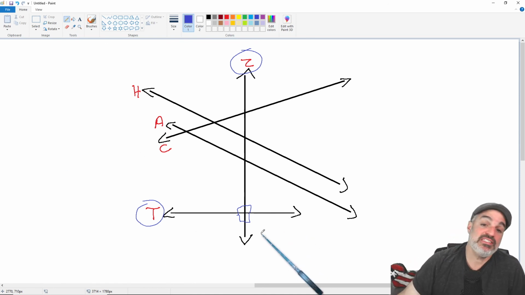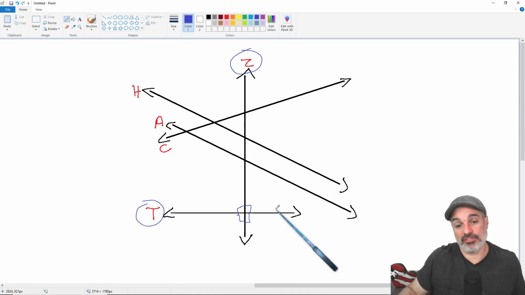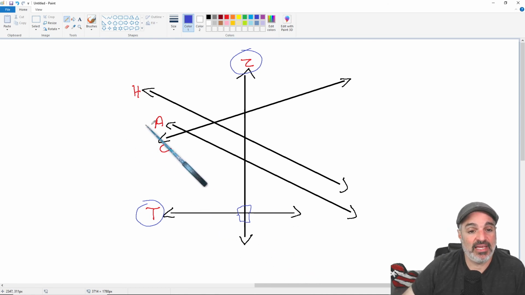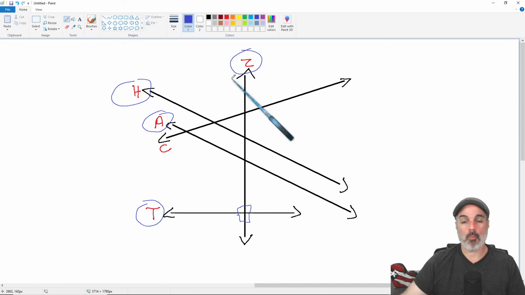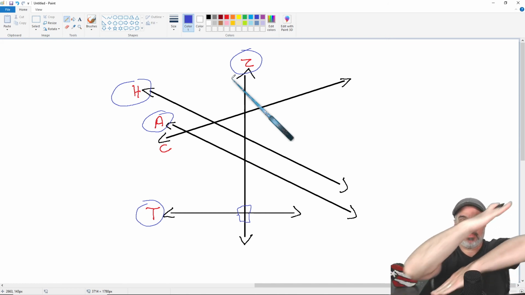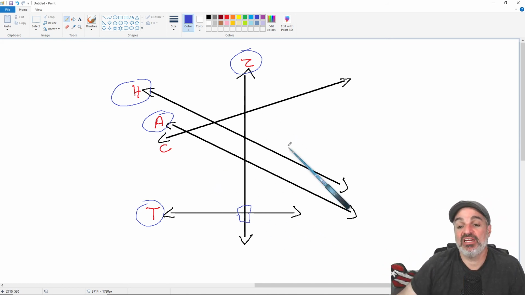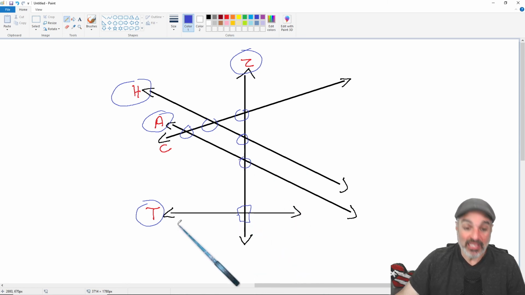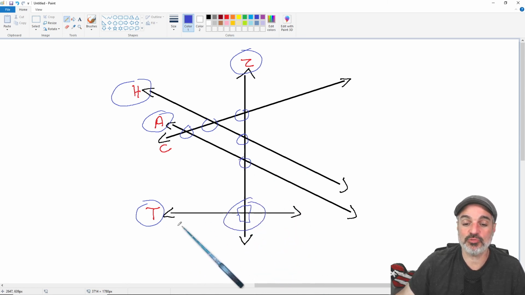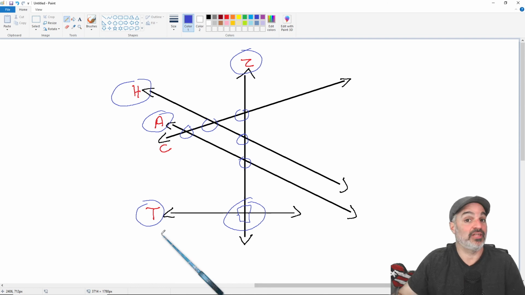Well, I can only see two lines here that appear to be parallel, and that's H and A. They appear to run side by side and appear to never touch. All of the other lines end up being intersecting lines. Even T and Z. They are perpendicular, but they are also intersecting because they're crossing.